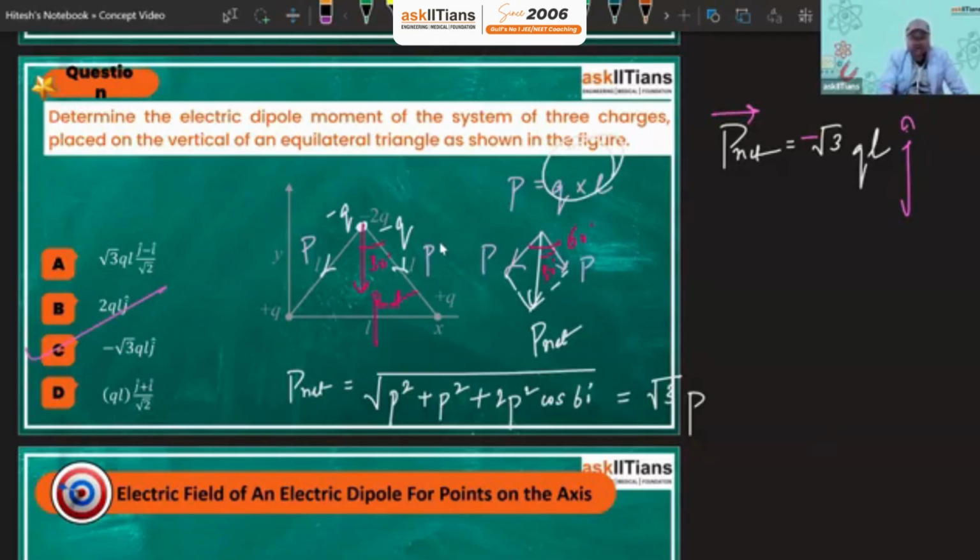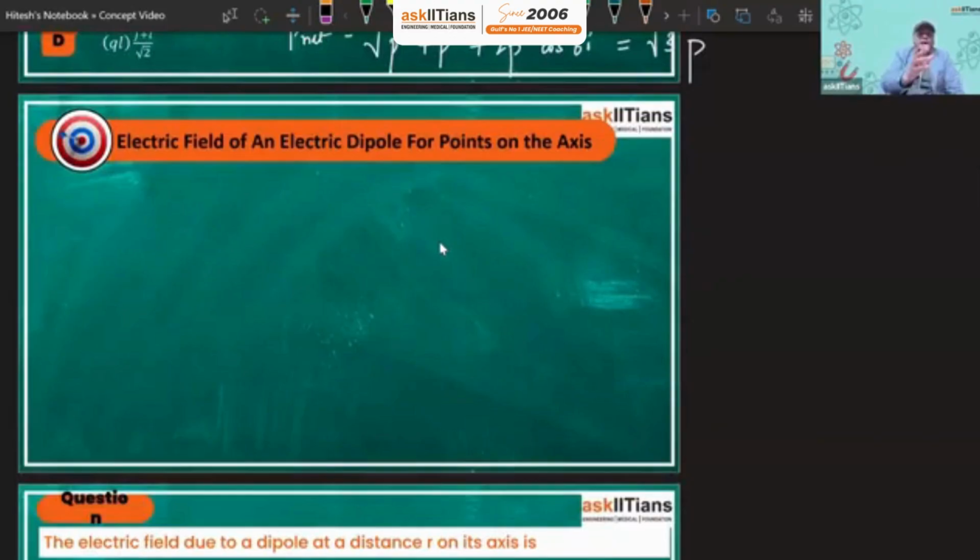Okay. Then we have the electric field of an electric dipole for points on the axis of it. This is very important. Let's say we have one charge like this and another charge like this, and this is an electric dipole. I'll consider this as the midpoint of their separation.